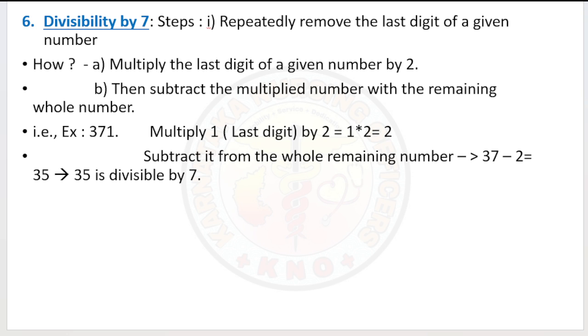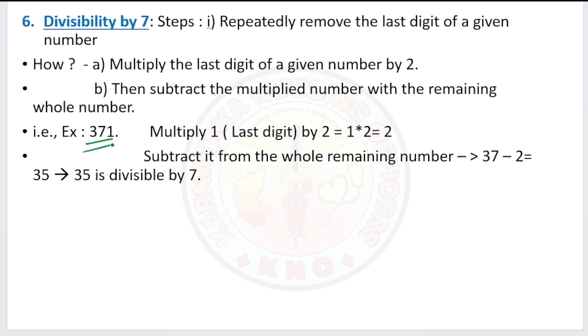Next one, divisibility by 7. So what is the divisibility rule by 7? There are two steps involved in the rule of divisibility by 7, and we have to repeat the steps. First, we have to multiply the last digit of a given number by 2.